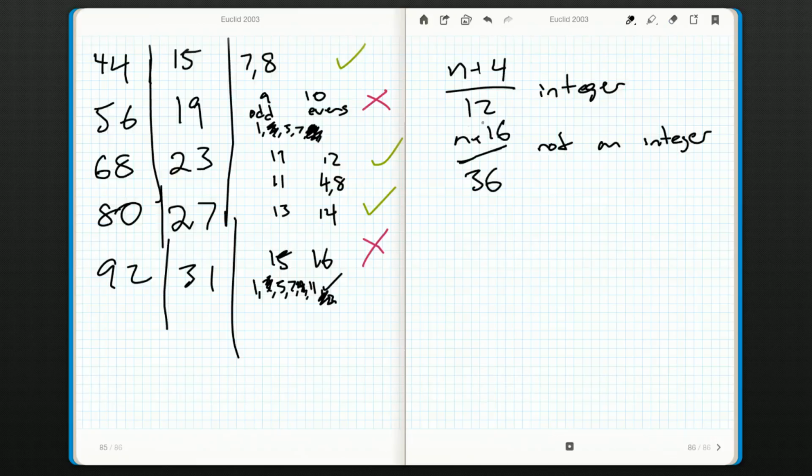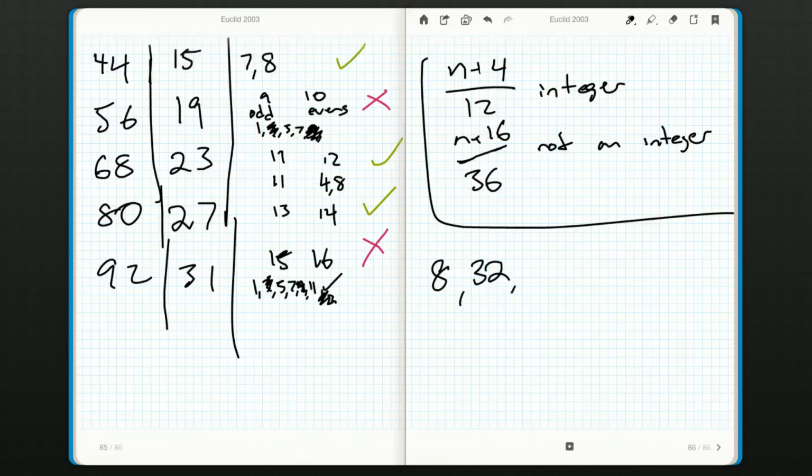So n plus 4 over 12 is an integer, but n plus 16 over 36 is not an integer. I think that would do it. I think that's my guess. I don't have a proof for this, but that would be my ultimate guess as to what makes savage numbers savage. But we can finally say 8, 32, 44, 68, 80 are the savage numbers.